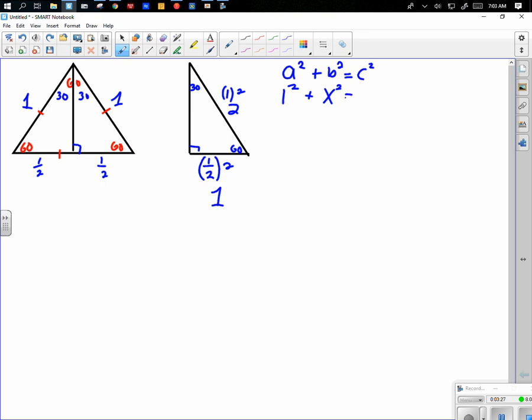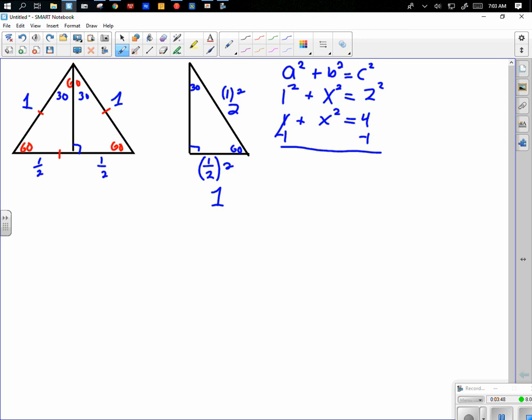And the hypotenuse will be 2 squared. So we have 1 plus x squared is equal to 4. Get the x by itself, minus 1, minus 1.